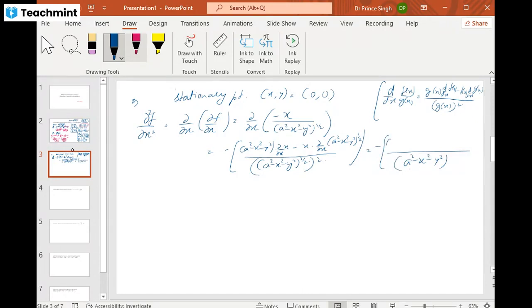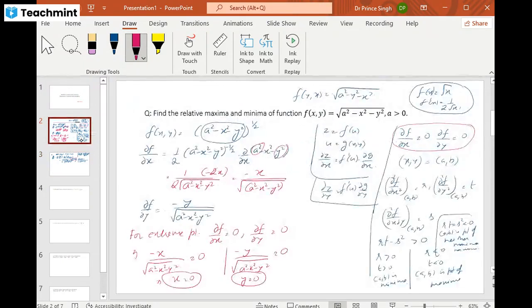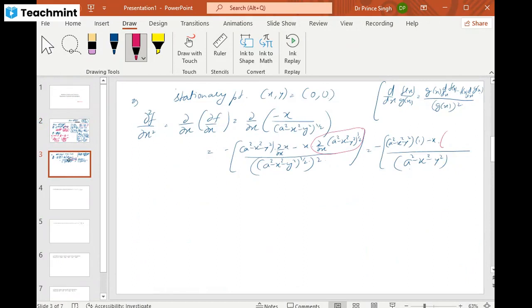So in the numerator, (a² − x² − y²), the derivative of x is 1, minus x. And what about this? This is the derivative we have already considered, ∂f/∂x, whose derivative is −x upon (a² − x² − y²) raised to the power 1/2, right?